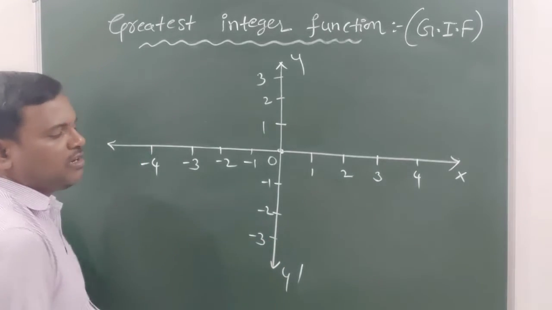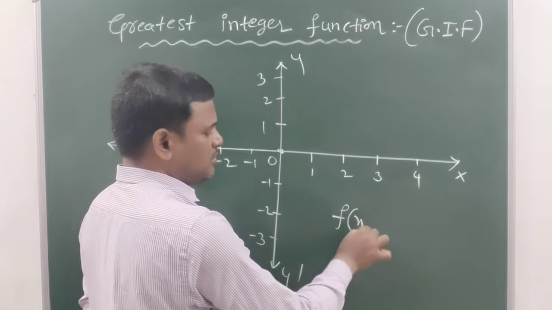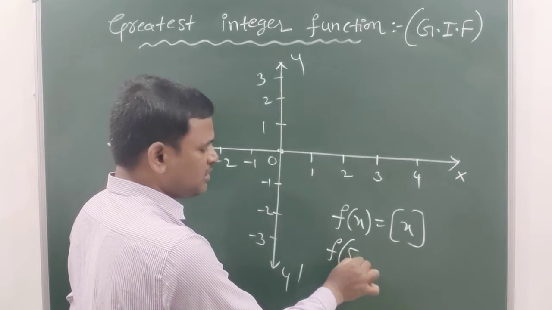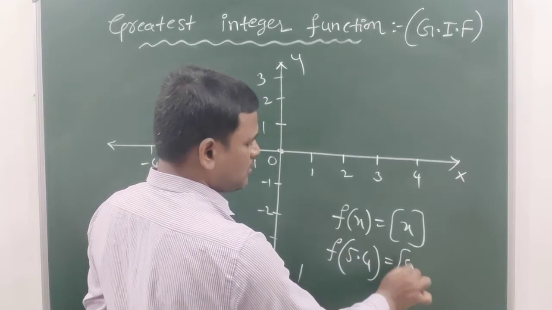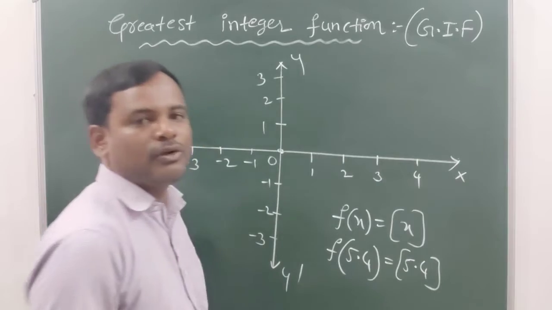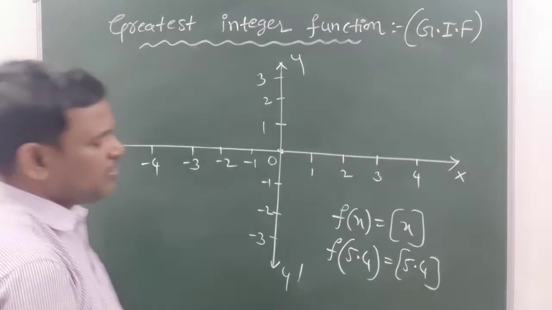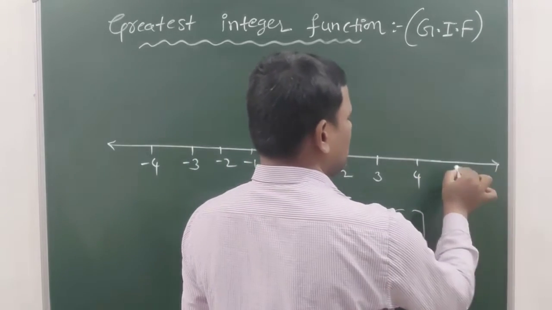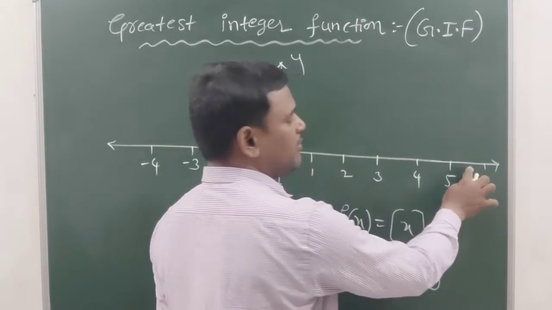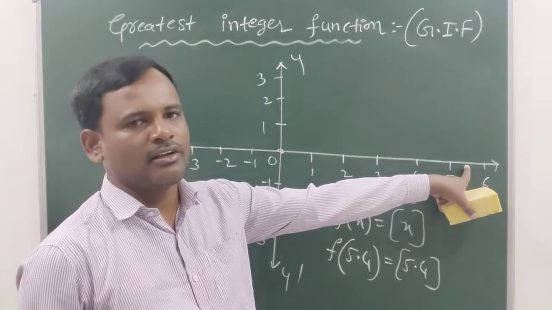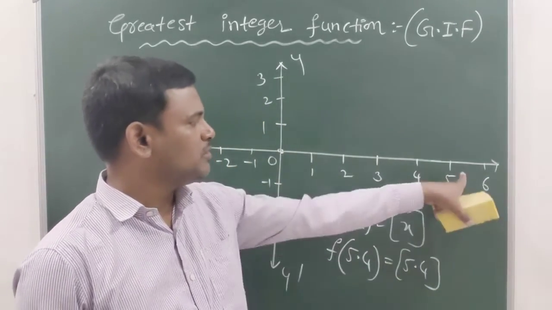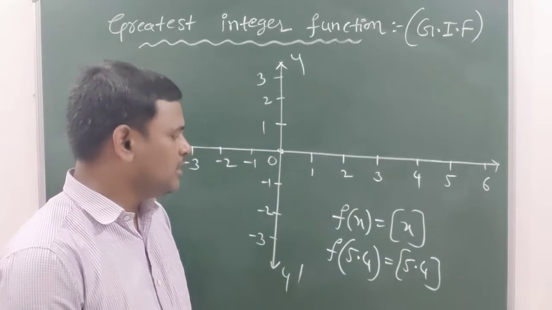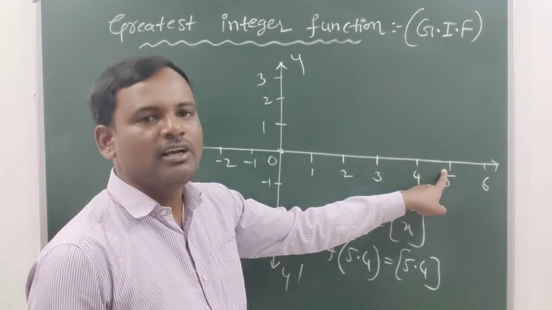You know the meaning of the greatest integer of a real number. Suppose you take the greatest integer of 5.4. How much is it? We take the number line. Where do we get 5.4 on the number line? Somewhere between 5 and 6. On the left side of that we have many more integers on the number line, and among all those integers, 5 is the greatest one.